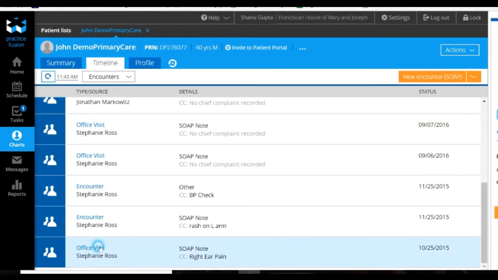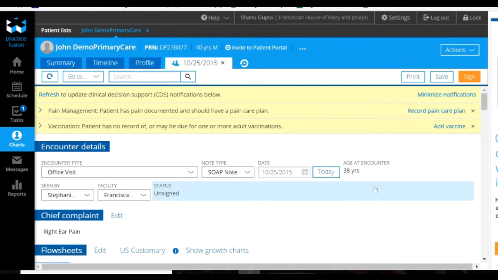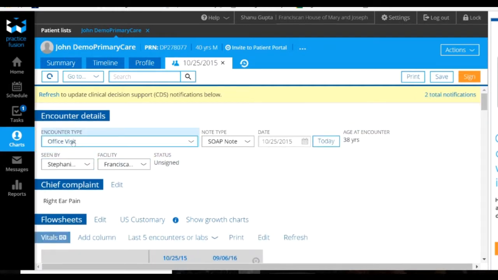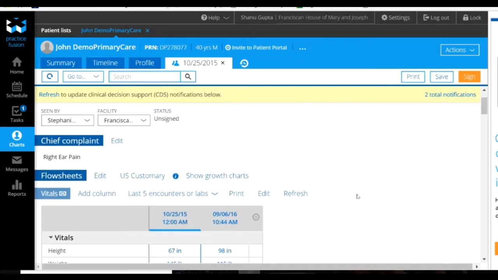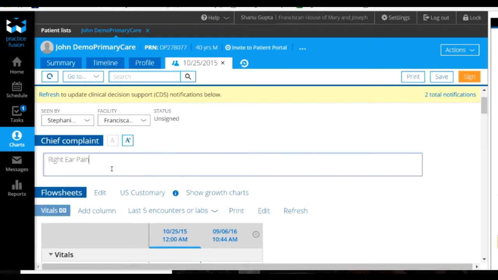So let's open up a note that we had already started. I'm going to minimize these notifications, and I'm going to ensure that all the information up here is appropriate. Okay, so you'll notice here that Mr. Demo Primary Care came in with right ear pain. So the chief complaint is written right here, right ear pain.